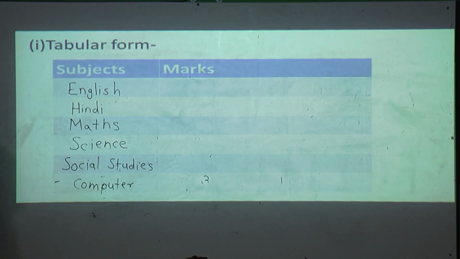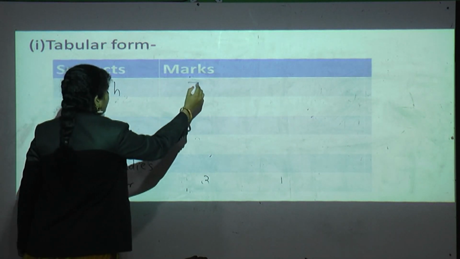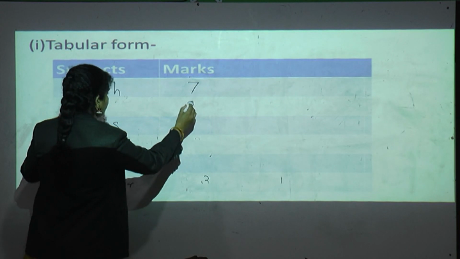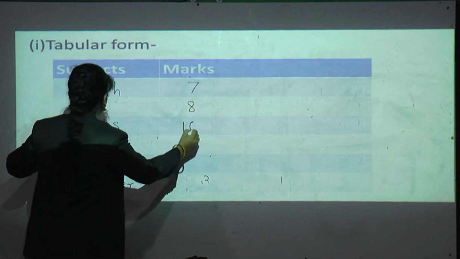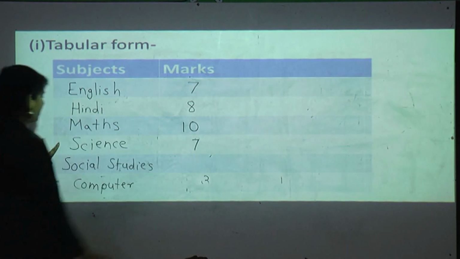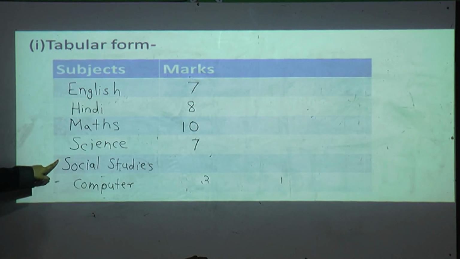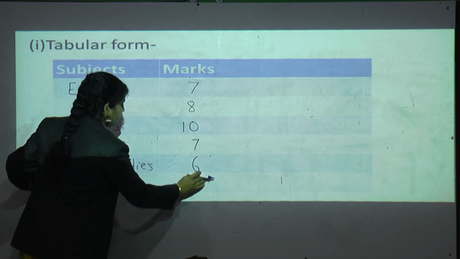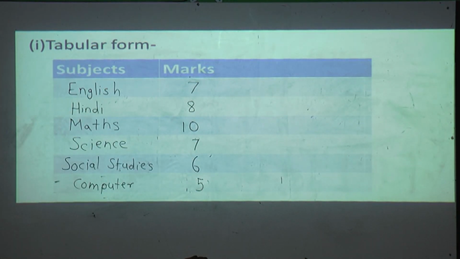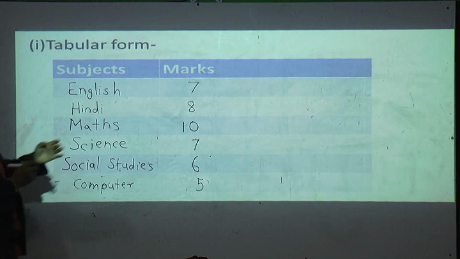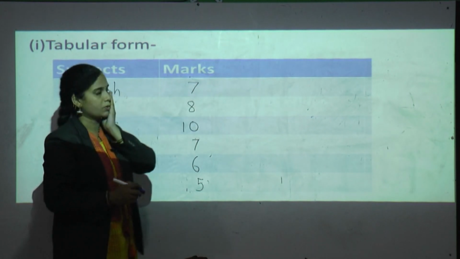Okay, now tell me the marks. In English 7, Hindi 8, Maths 10, Science 7, Social Studies 6 and Computer 5. Okay, so in this way you can show the data in tabular form, or you can draw the tally marks also.